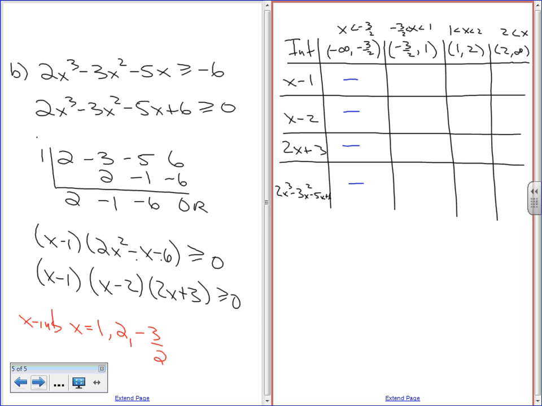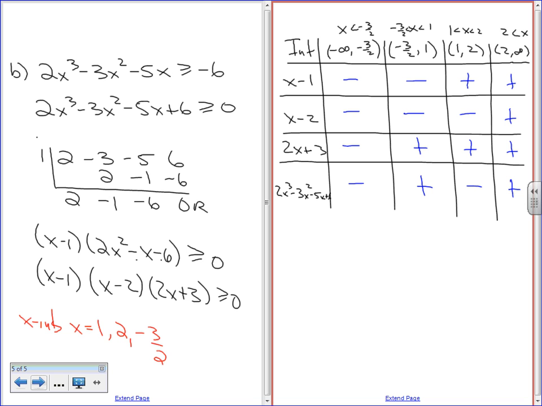A number between negative 3 over 2 and 1, a nice one is 0: negative, negative, positive, they multiply to give you a positive. 1.5: 1.5 minus 1 is a positive, 1.5 minus 2 is a negative, 1.5 times 2 plus 3 is a positive, that's a negative. And then any number greater than 2, 7: positive, positive, positive, that's positive.